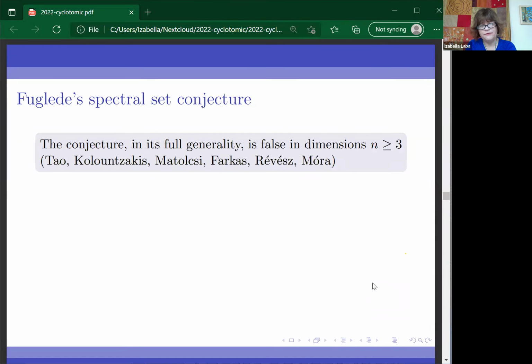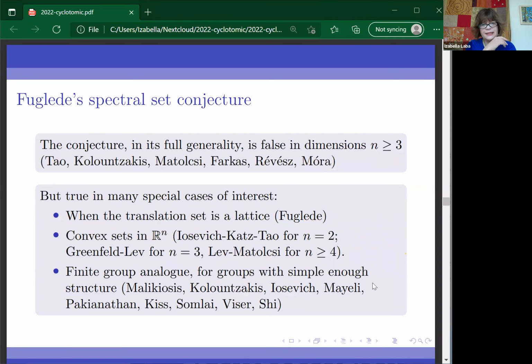This is known to be false in general in dimensions 3 and higher. The first counterexamples were due to Tao and then extended by several others. It's true, however, in many special cases of interest. So, for example, it's true when the translation set is a lattice.